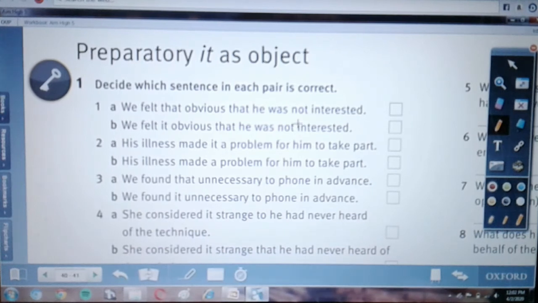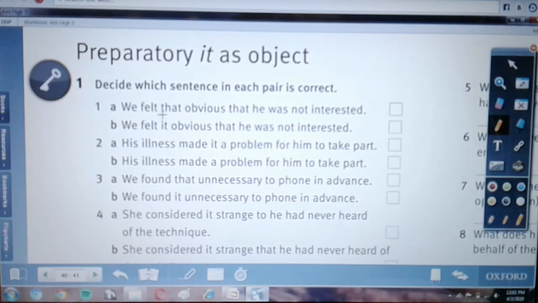I'll give you one example. Number 1. A: We felt that obvious that he was not interested. B: We felt it obvious that he was not interested. Which one sounds natural and which one is the correct sentence?